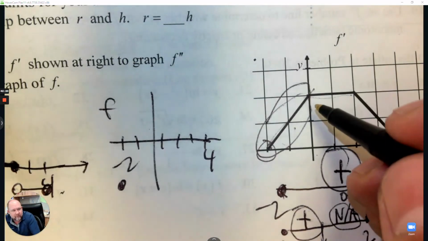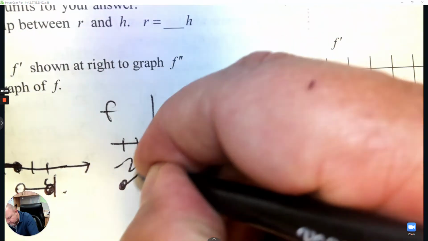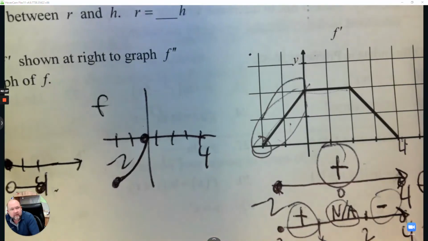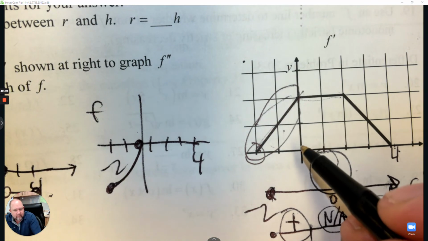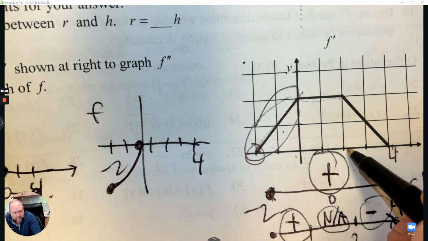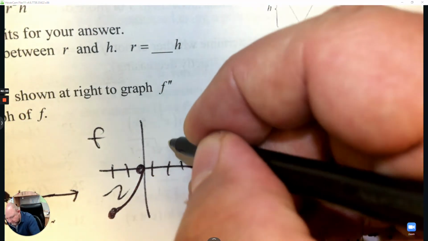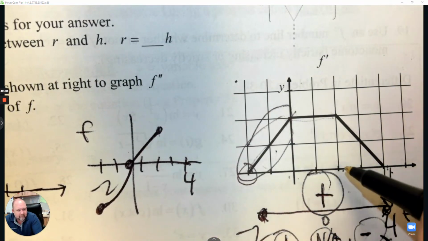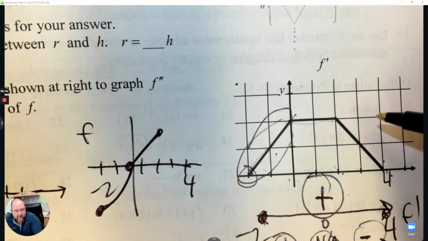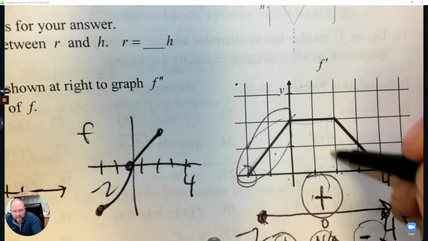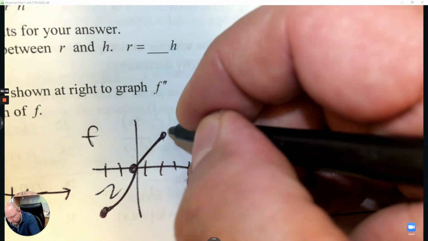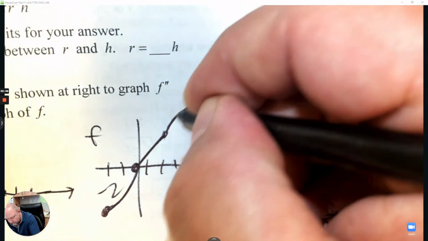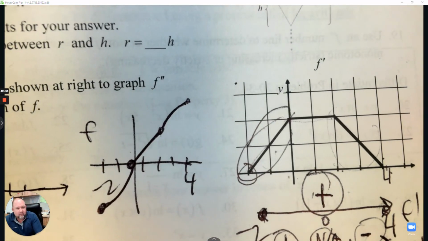So from negative 2 to 0, it rises and it's concave up. And then from 0 to 2, it's a line and still rising with no concavity. And then from 2 to 4, it's still rising, but now it's concave down. And there's the graph.